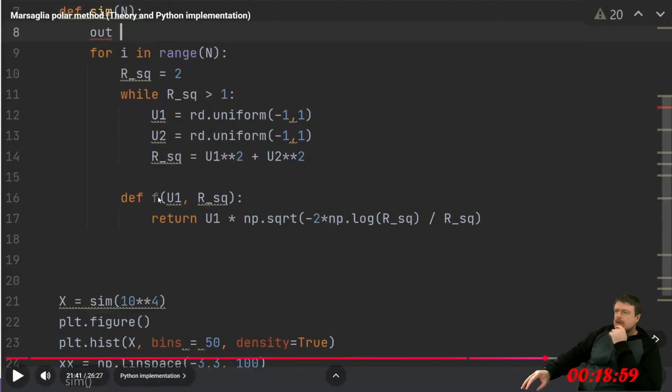Is this like a private function? I haven't programmed in Python in a while. I need to jump back over to Python. So what does this do? So r squared, what does that do?